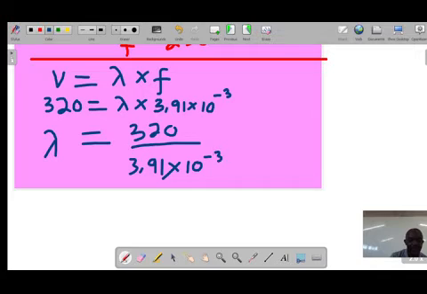Okay, let's check it out now. 320 divided by 3.91 times 10 to the power negative 3.